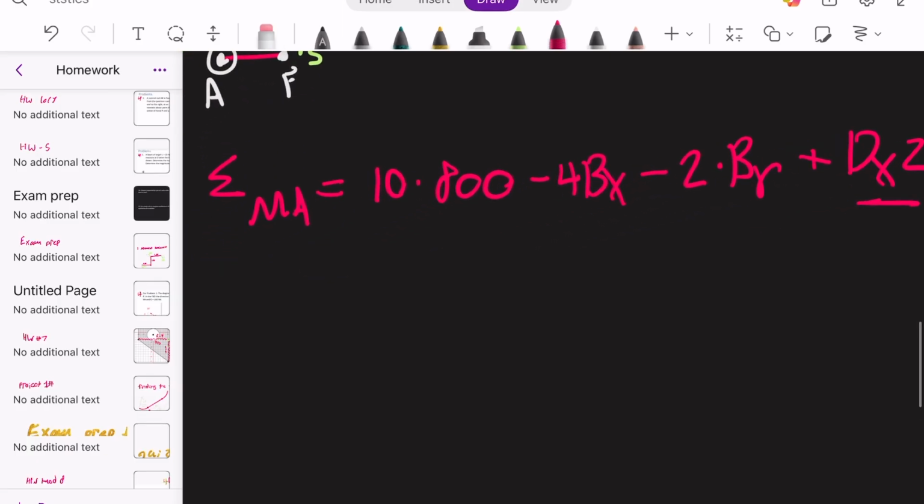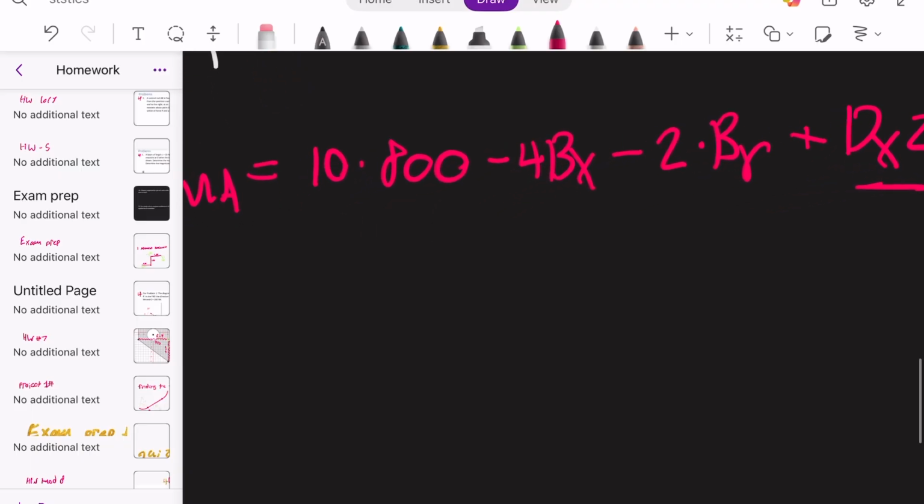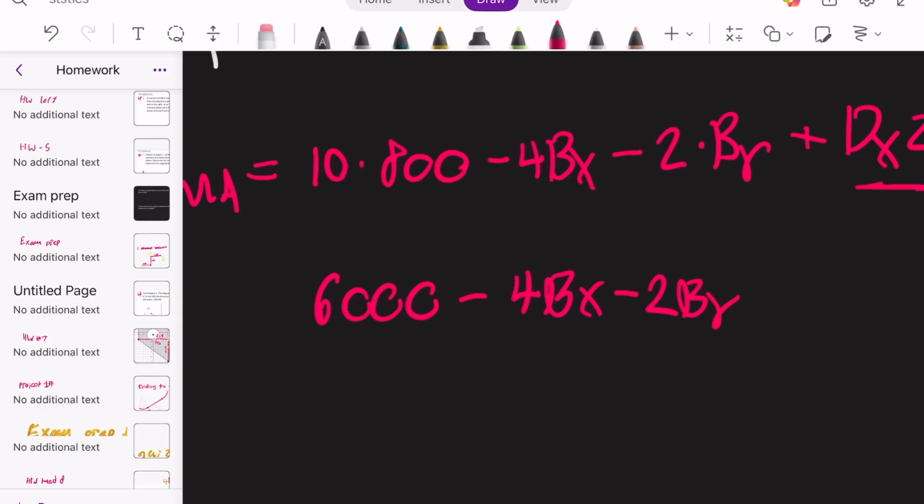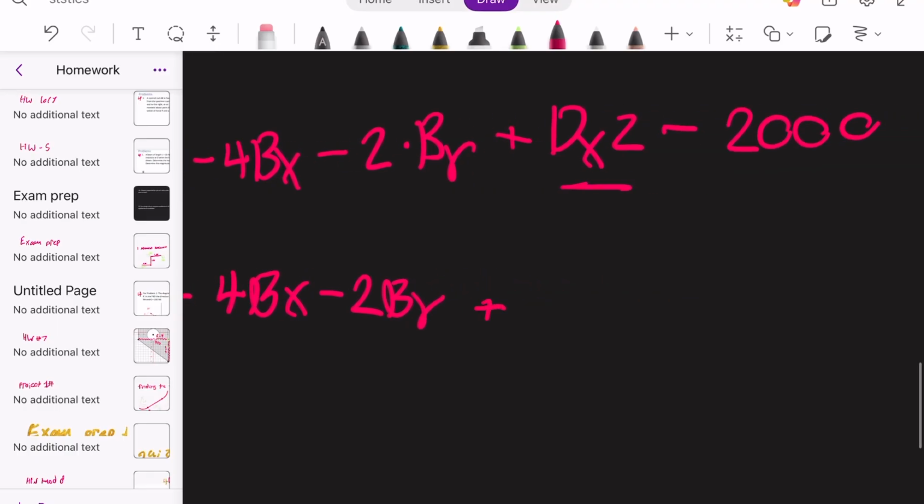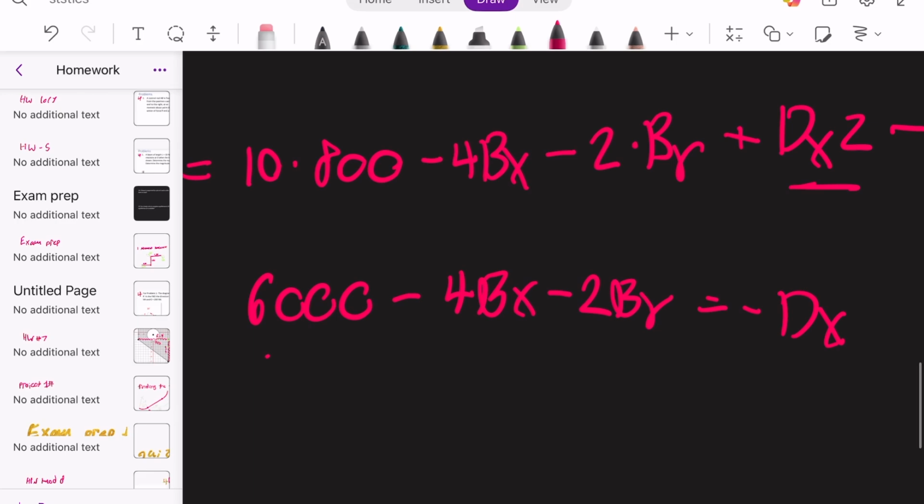And let's combine terms there to make it 6,000 over here, minus 4Bx minus 2By equals negative Dx, and let's divide everything by 2 just to get Dx on its own.